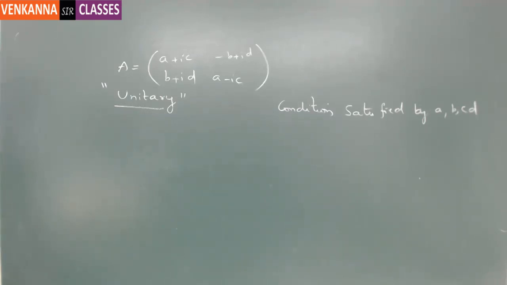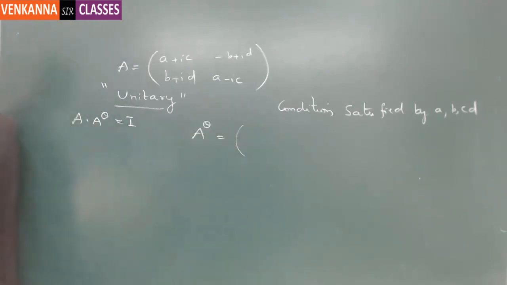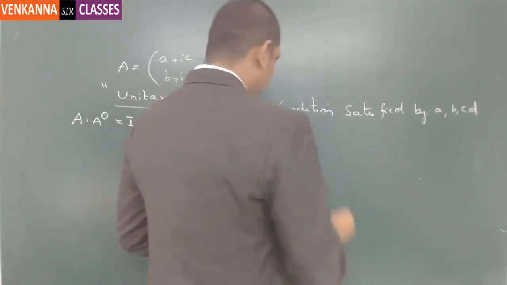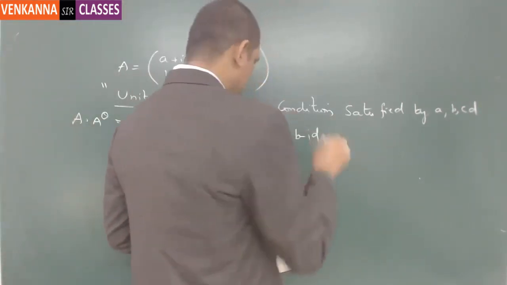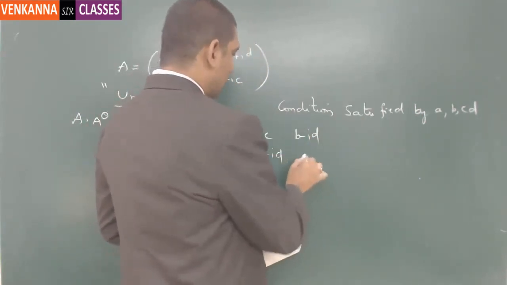Since you know that a unitary matrix is nothing but A into A power theta is equal to I, let us substitute these values there. If you have calculated A power theta, then it is nothing but a minus ic, b minus id, minus b minus id, and a plus ic.